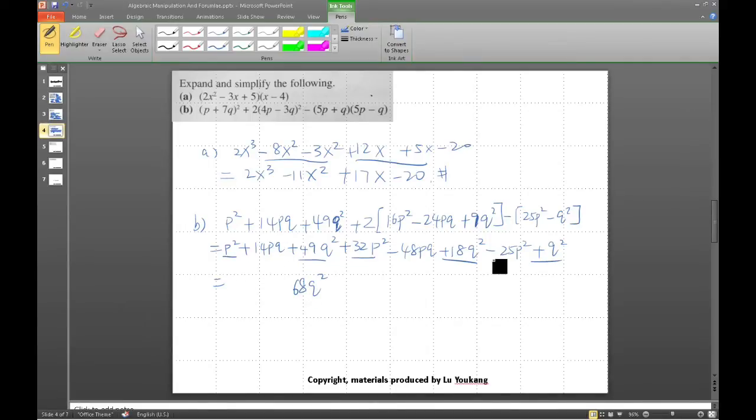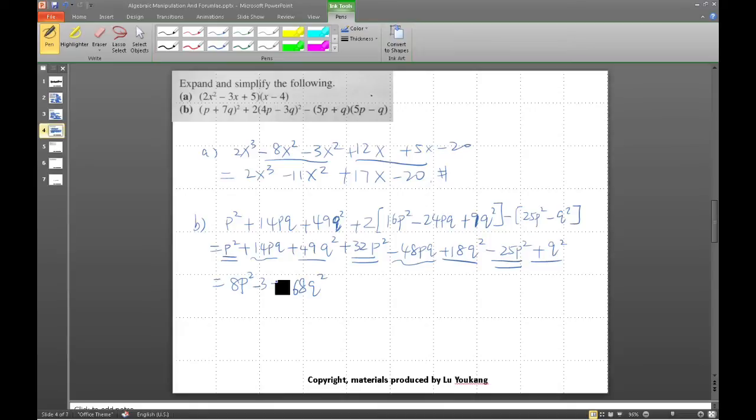So next, I will underline another term, p squared. Anything with p squared, I will use double lines to differentiate this from just now. So I get 8p squared. Now I can use a wavy line to underline anything with pq.